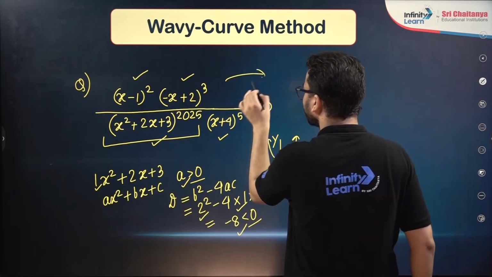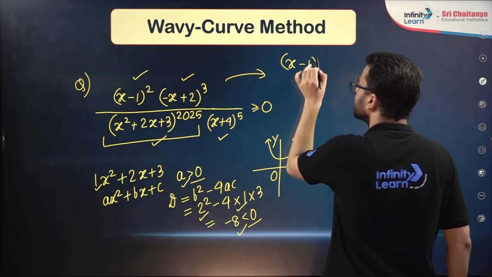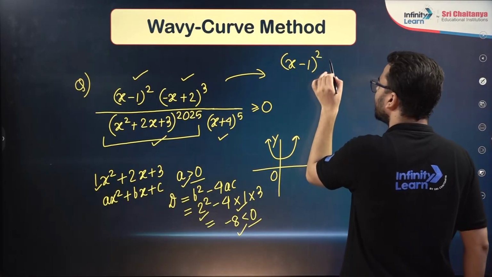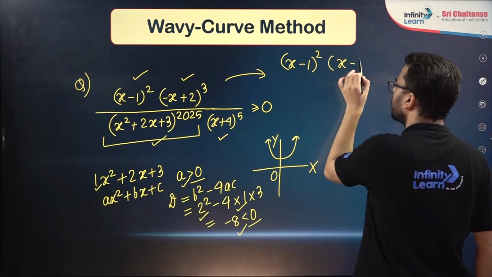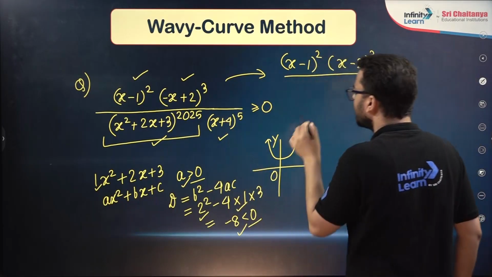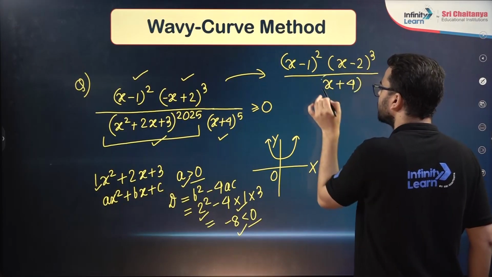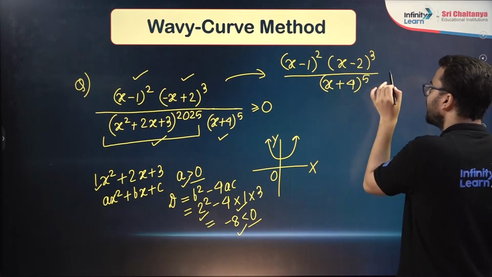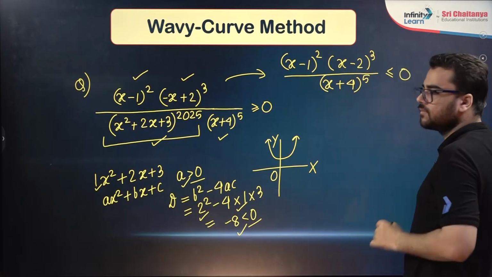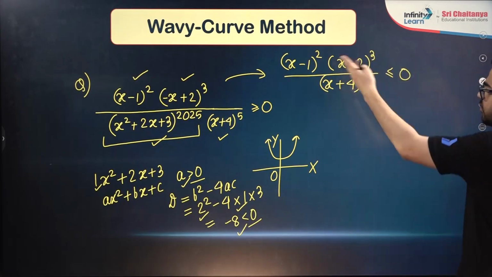So this whole expression converts to x minus 1 the whole square, times x minus 2 the whole cube, and then this is negligible, and in the denominator it is x plus 4 raised to the power 5. The inequality changes to less than or equal to 0. I hope that is clear. And then you know how to do it.